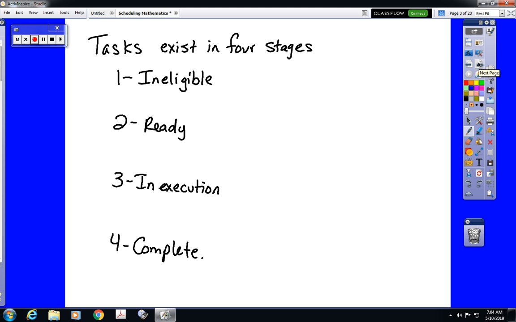So, a little bit more here. Those tasks will always exist in one of 4 stages. So every task at every moment, the entire time the project is being done, would fit one of these 4 descriptions. If a task is ineligible, that means the task cannot be started.